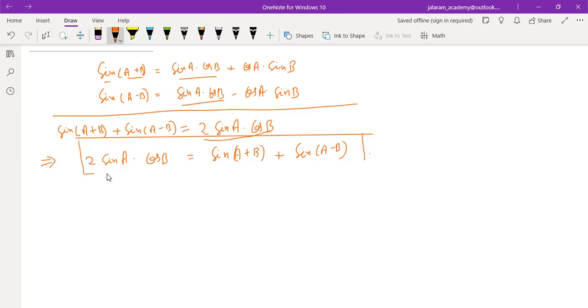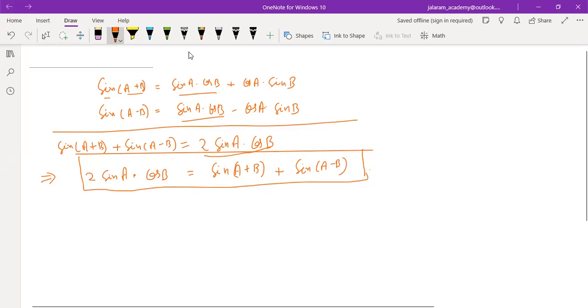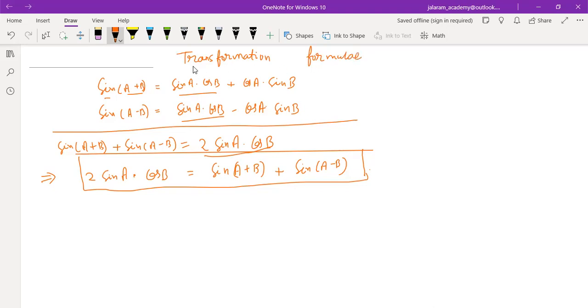So the first formula is, you have to learn it. 2 sin A cos B equals to sin A plus B plus sin A minus B. As we are transferring this product to sum, so we call these formulas transformation formula. Means we are transferring product into sum.